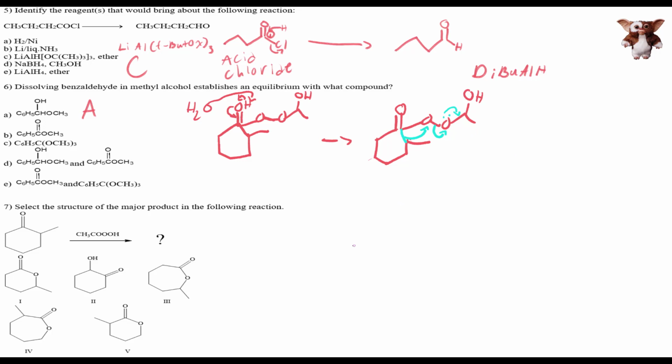But let's go back into the structure. What do we have now? An oxygen directly attached to another oxygen. We have this compound, and we have a direct linkage right there.